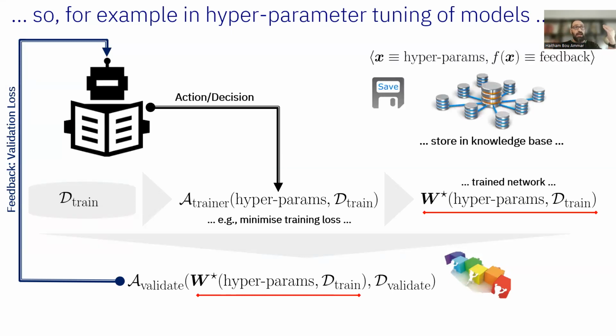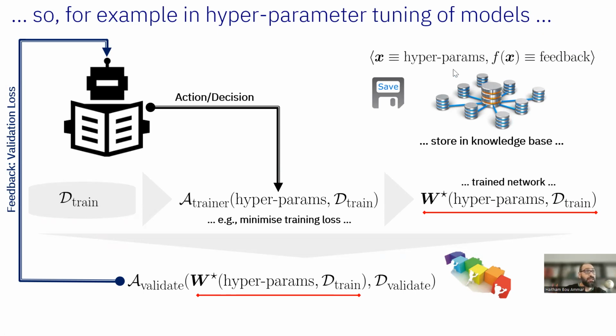So the x and f of x that I can collect: x is the set of hyperparameters that I will try, and f of x is the validation loss, which is the feedback that I will give back to the agent. I'm going to store those trials in some memory. Then, based on these things I've tried before, I'm going to try to get a new set of hyperparameters, which is better and better and better.